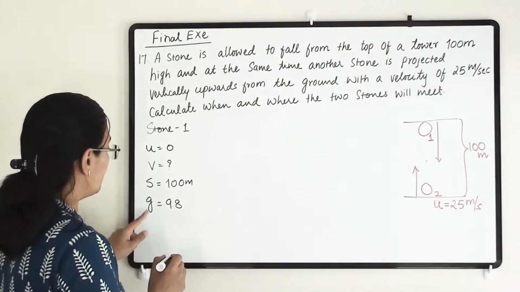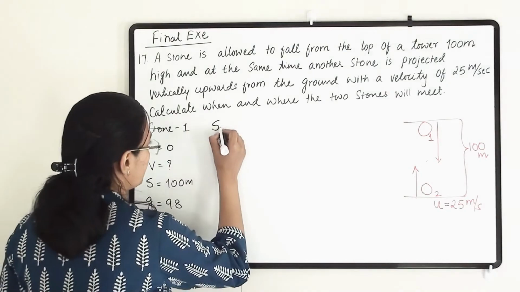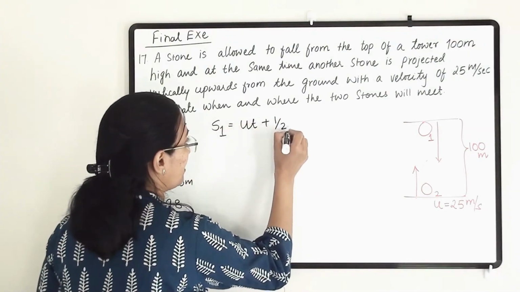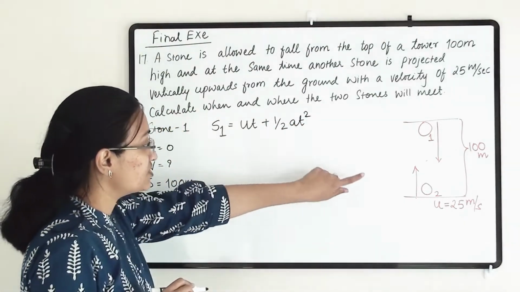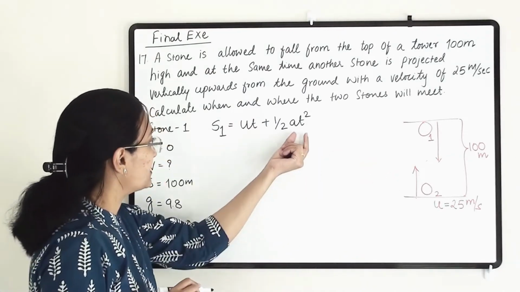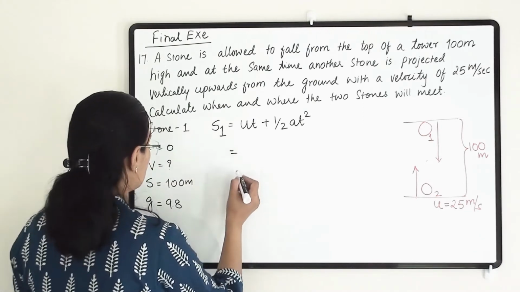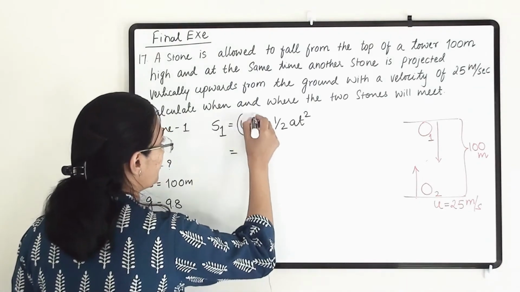Now let us first find the distance for stone 1. So S1 equals ut plus 1/2 at square. Now time we do not know how much time it will take to meet the second stone, so we are going to keep this time as t only. So here u is going to be 0, so this term will be 0.